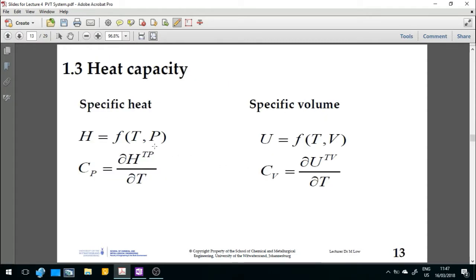So over here, the heat capacity, this is the definition for CP, and this is the definition of CV.